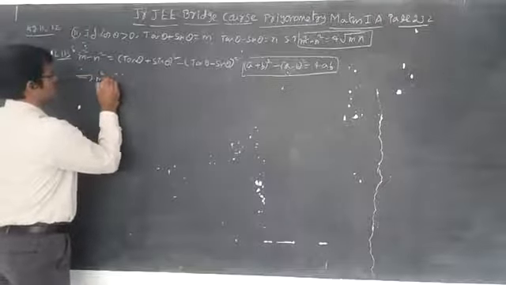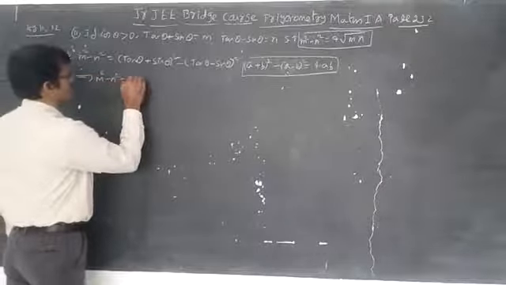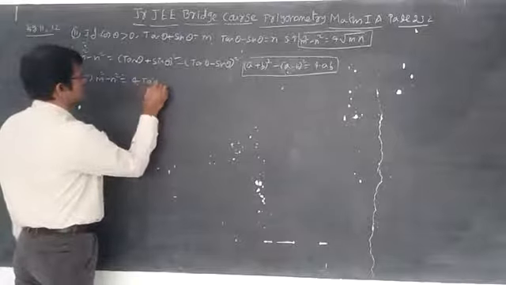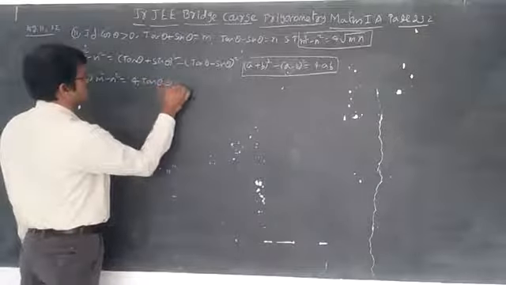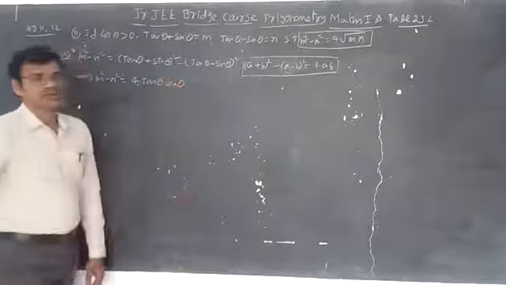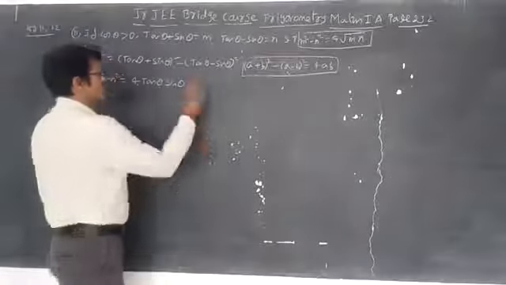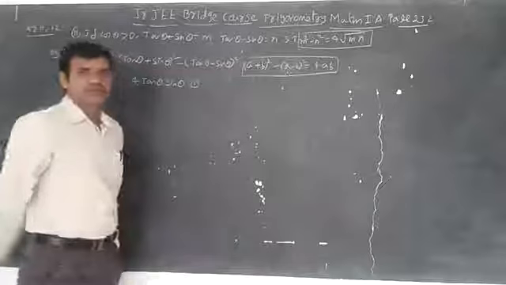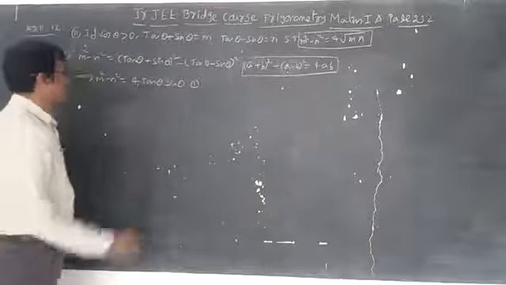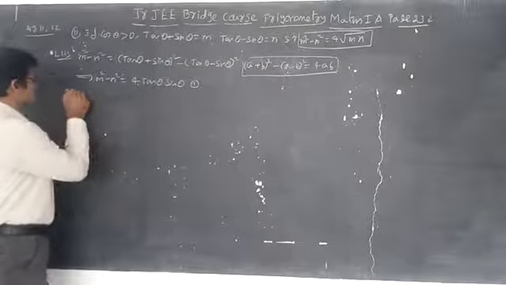That implies we can write m square minus n square is equal to 4 tan theta into sin theta. Let this be the first equation. LHS we found. Now take RHS.